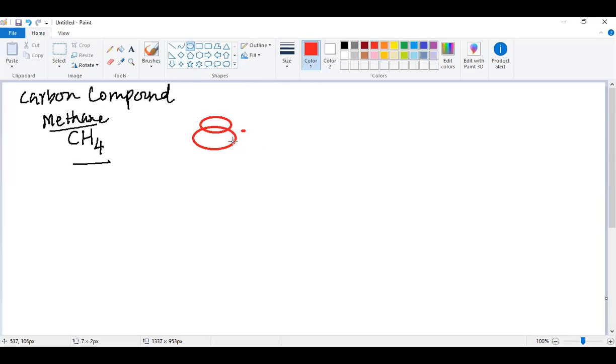Now see what I am doing. See, this is even one way to represent methane.